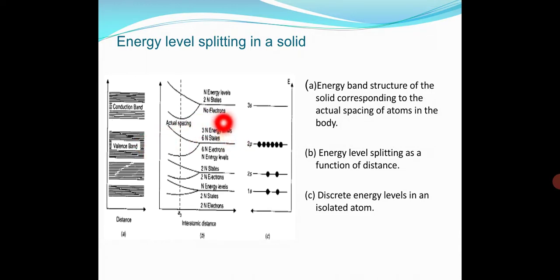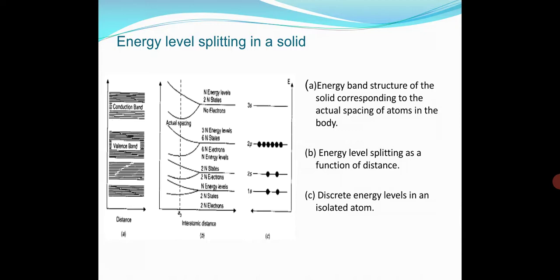After that, whatever shells are empty, with no electron or only one or two, we consider at this stage that there is no electron but the shells are empty. Though there is a splitting of energy, whatever band is formed there is the conduction band.